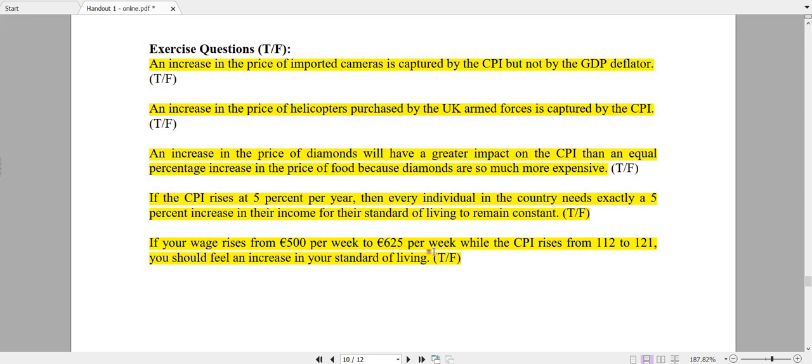You can do that and you can see for yourself that the wages are increasing by around 25% here, whereas CPI or the inflation is increasing by 8%. So since the increase in the wage rate is more than the increase in inflation, we can say that the standard of living of this consumer must have increased.